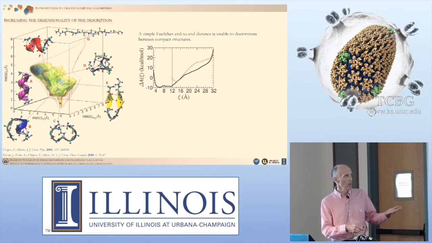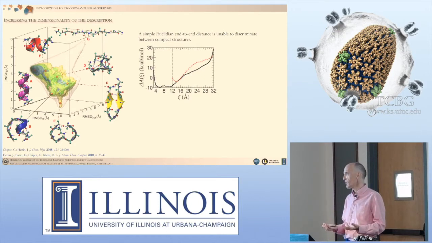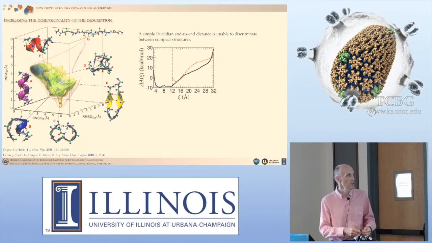So one approach was to increase the dimensionality of the problem, to replace the end-to-end distance by 3 RMSDs with respect to typical conformations that we are sampling in the course of our simulation. So the 3-10 helix, an alpha helix, and a conformation that we call omega that we saw a lot.